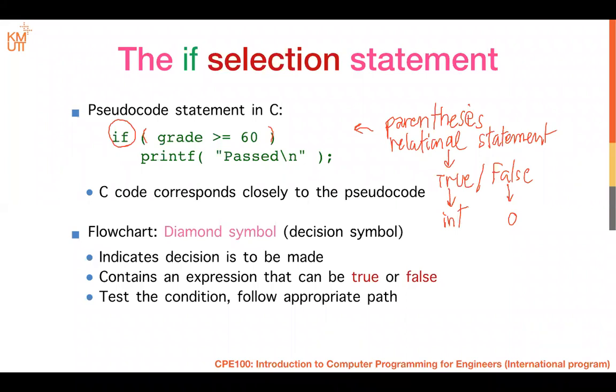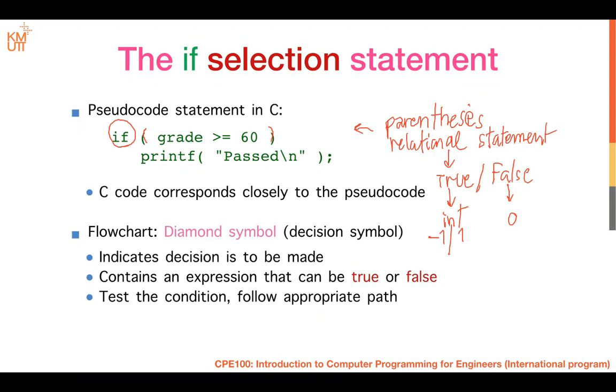It could be 1 or it could be -1, depending on the compiler, but normally we return 1 to represent true. But false returns 0. This way, if the value stored in grade is greater than or equal to 60, this program will print passed.